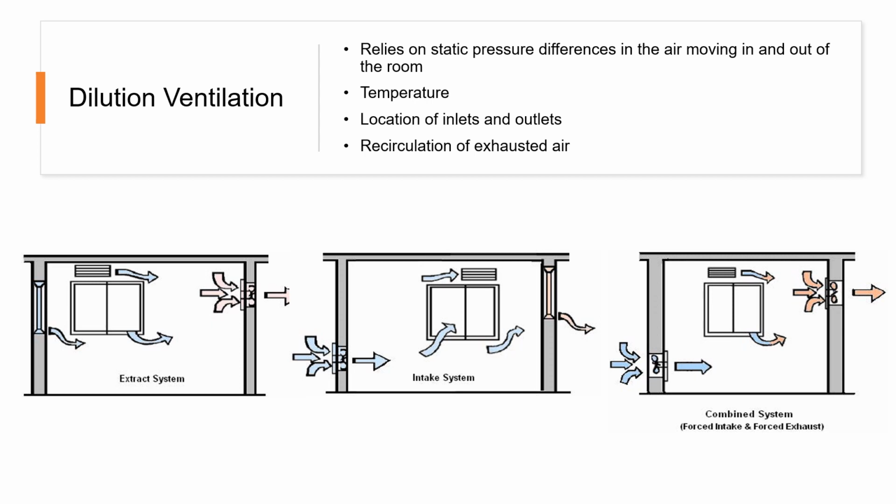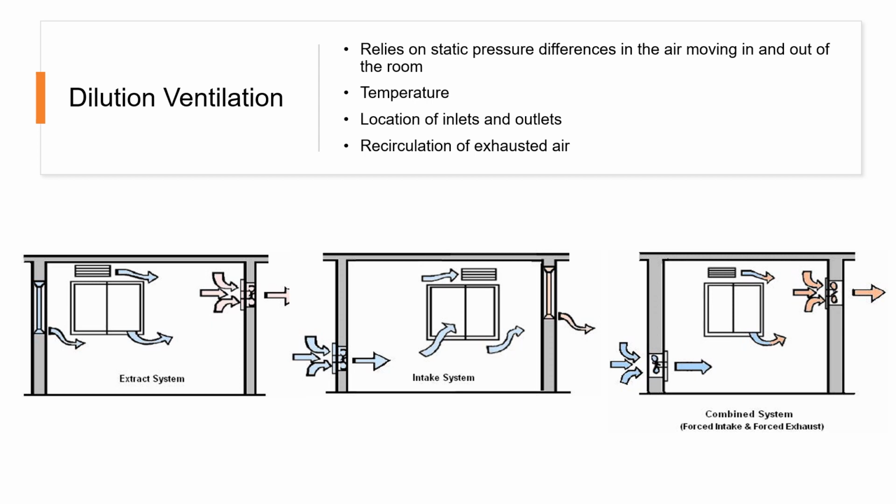So the first example on the left utilizes a passive air inlet and an exhaust fan at the outlet. So on the left side of the room, in the blue, you can see it's representing air passively coming in. This inlet could be a window or a vent. And then on the right side, you can see the pink arrows represent air going out through an exhaust fan at the outlet.